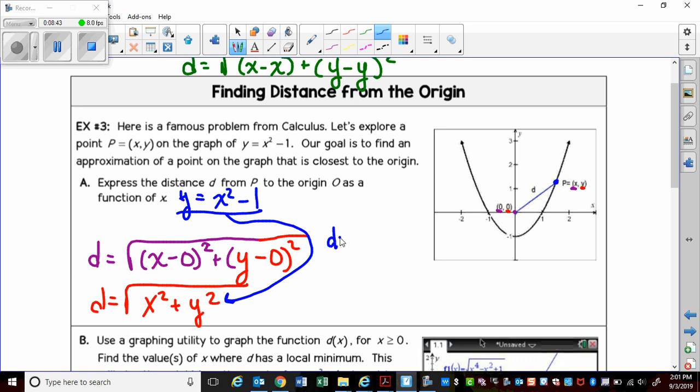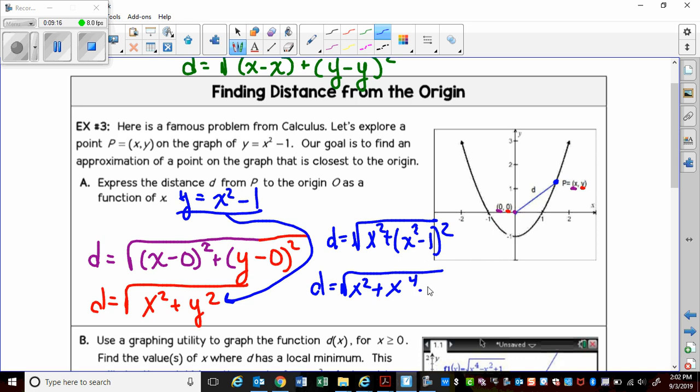So my distance equals the square root of x squared plus, now remember to use your parentheses, (x squared minus 1) squared. In order to figure this out, you're going to have to FOIL it. So x squared minus 1 times x squared minus 1, whenever we have a binomial, we have to FOIL that. This gives us x to the 4th, minus 2x squared, plus 1.